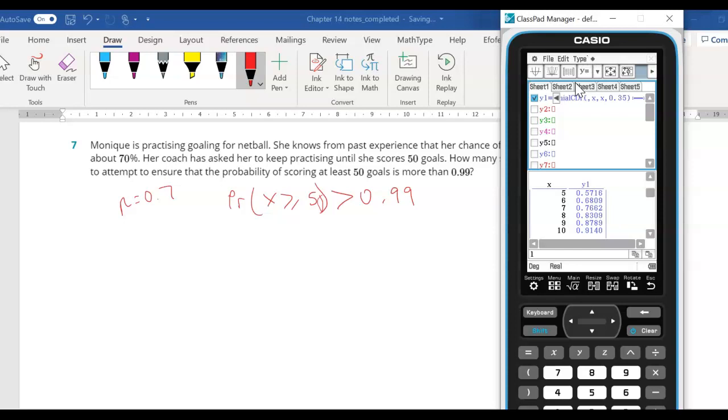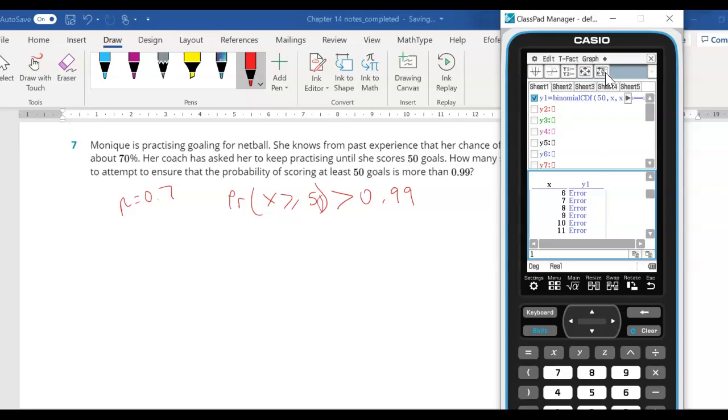So your lower limit is 50, and then you can keep x, because x is our upper limit and x our number of trials, and probability of success for this one is 0.7. Okay, so then we can just go to the graph, the table. Oh, why have we got an error? Actually, you're going to have an error because all the way up until we get to 55.